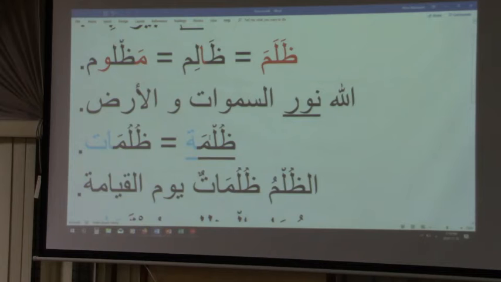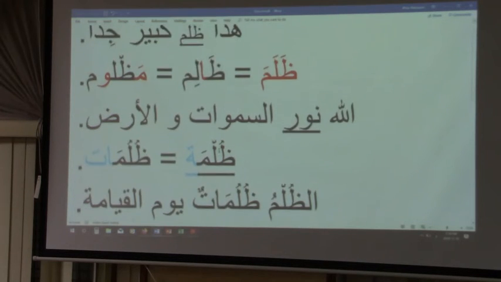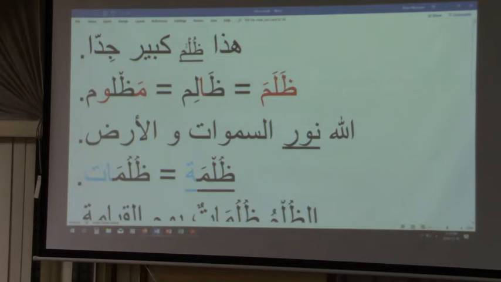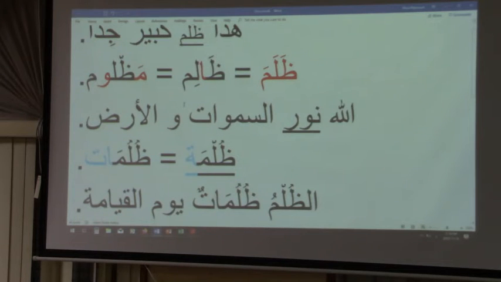So the link between oppression and darkness is what? What's the link? Same root. ظلمة. So ظلم is oppression and ظلمة, darkness. Ta marbuta, plural of ta marbuta, alif and ta. مسلمة, مؤمنة, عائشة, عائشات. Done.